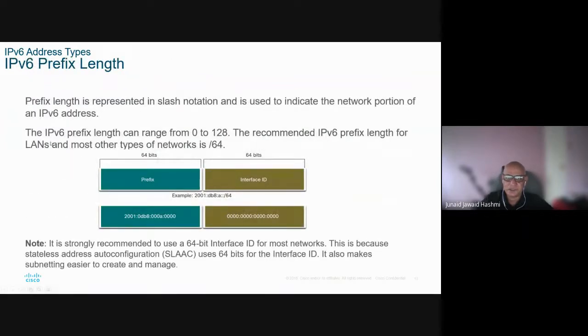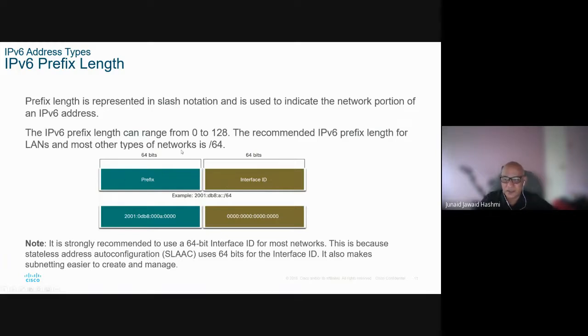Okay, prefix length, meaning the network ID. Just like IP version 4, IP version 6 addresses also consist of a network portion and a host portion. The most common prefix, or network ID, uses 64 bits.